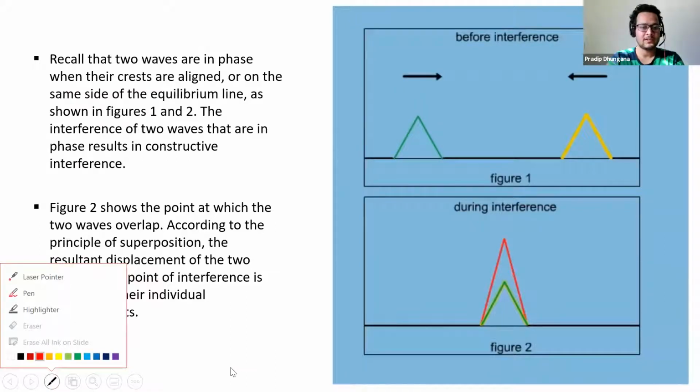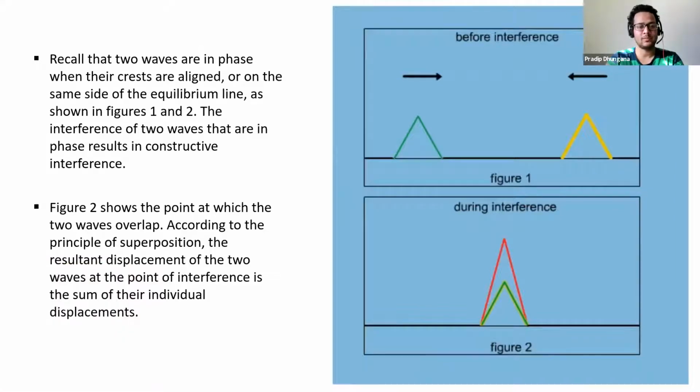So this slide is about calculating resultant displacement when two waves interfere with each other. Let's look at this diagram. In this diagram, those two waves are in phase. When their crests are aligned, that means they have exactly the same displacement.